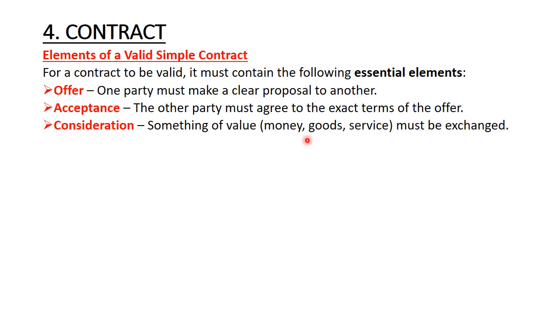Maybe you say, instead of selling you my cakes at 100 kwacha, I'll be selling you my cakes at 80 kwacha. So there should be a consideration, something of value exchanged between the parties involved.